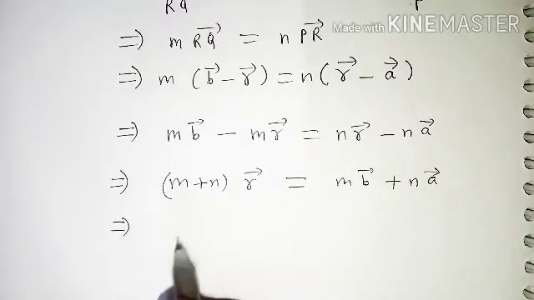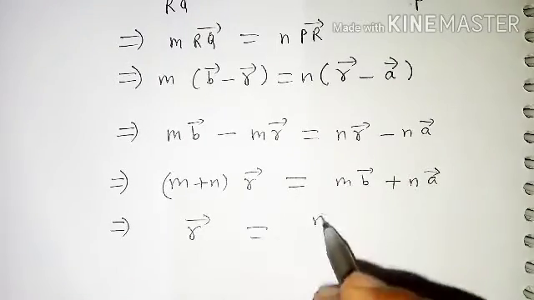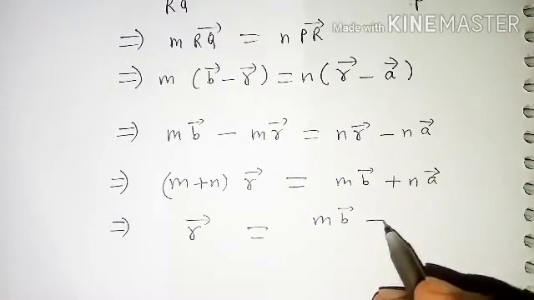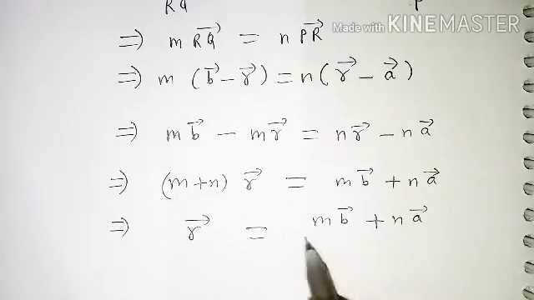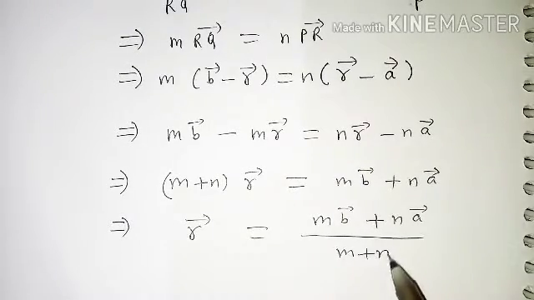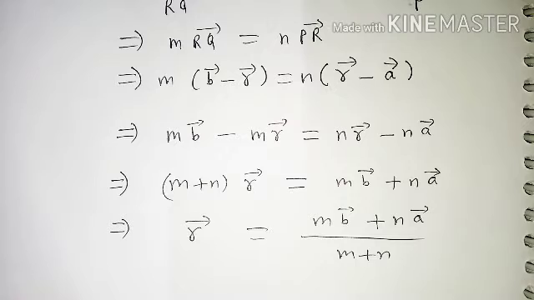This implies that vector r is equal to m vector b plus n vector a by m plus n, which is the required position vector when line segment PQ is divided by point R internally in the ratio m is to n.